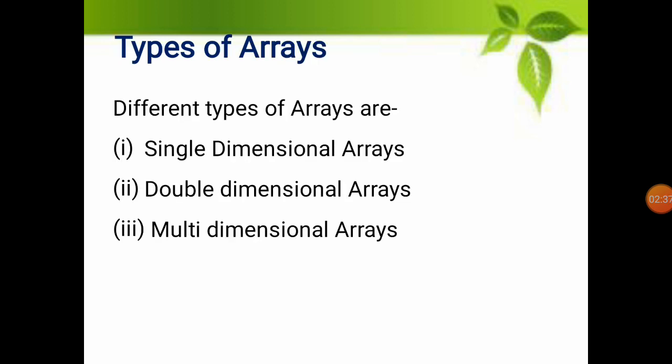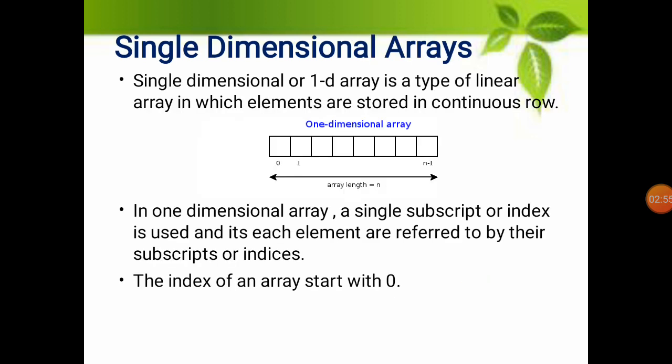Now, types of array. The different types of array are single dimension array, double dimension array, and multi-dimensional array. Sometimes arrays are of two types, single dimensional array and multi-dimensional array, and double dimensional is called part of the multi-dimensional array. So we start with the single dimensional array.